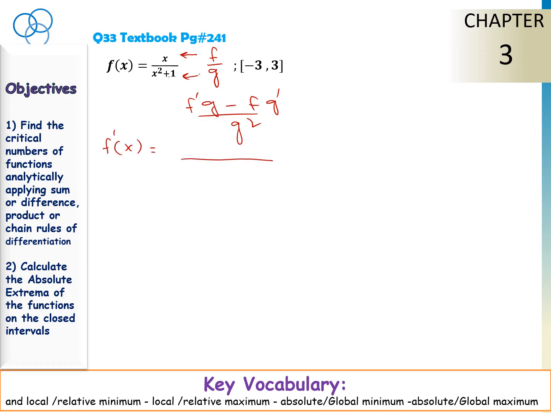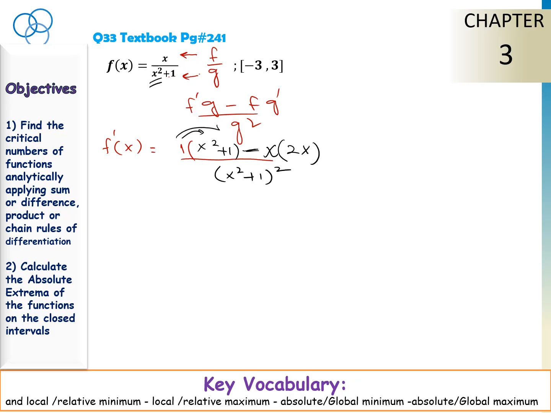F prime, the derivative of x, is 1, and write the g as it is, that is x squared plus 1, minus, then we write the f as it is, that is x, and then our g prime is 2x because the derivative of x squared is 2x, over g squared, x squared plus 1 whole squared.